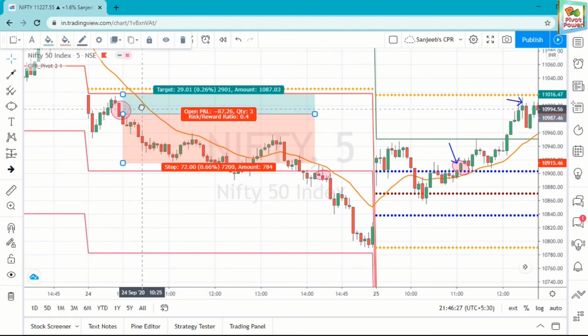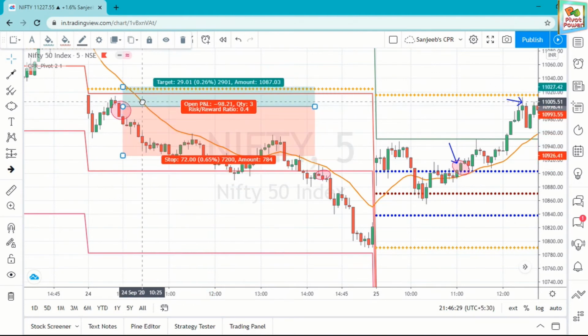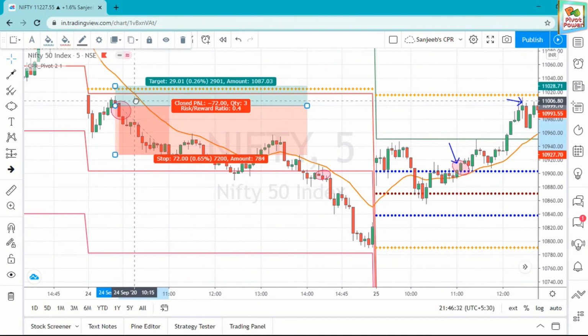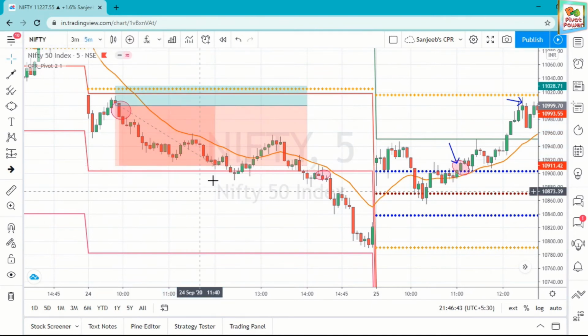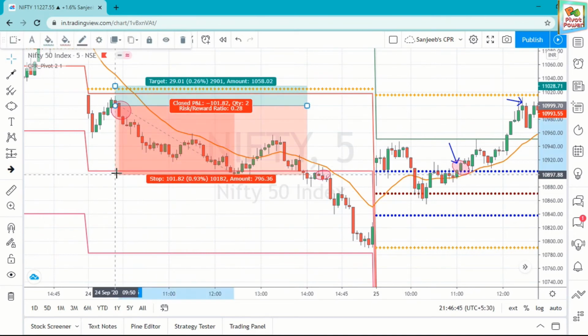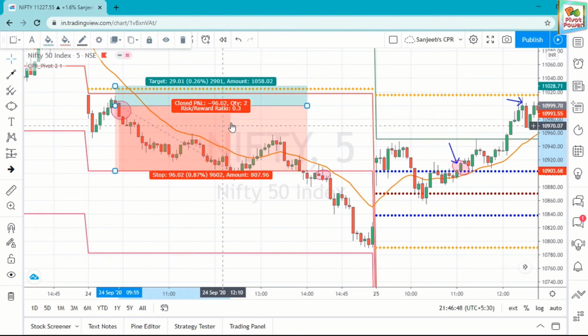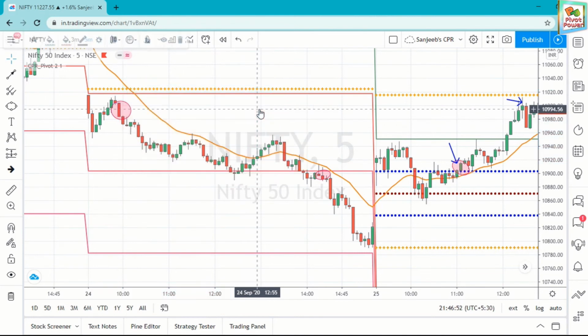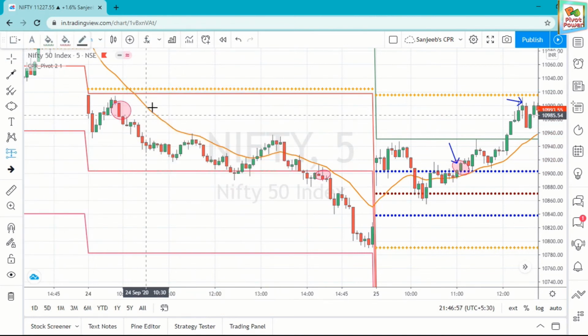Your entry should be in this candle, then your stop loss should be above the previous day high. Sorry, we have to take the short position here.